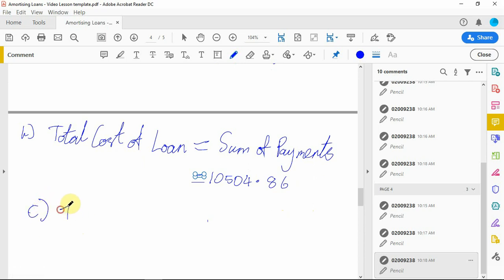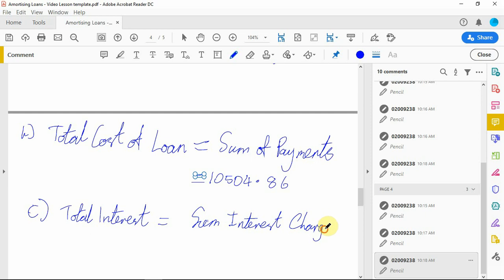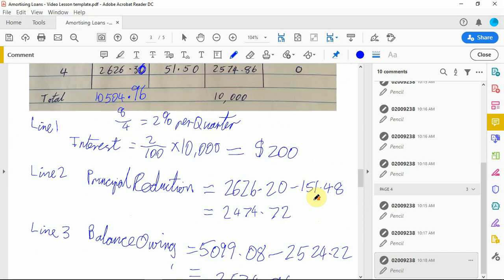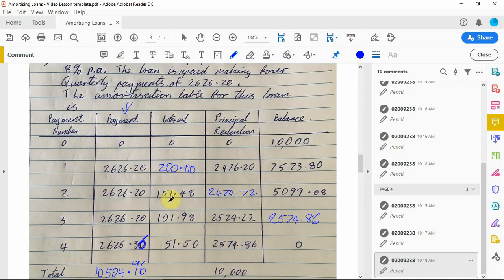All right. Now part C is the total interest. There's two ways you can work that out. One way is the sum of the interest charged. When we go back to our table, here's our interest column, this third column.